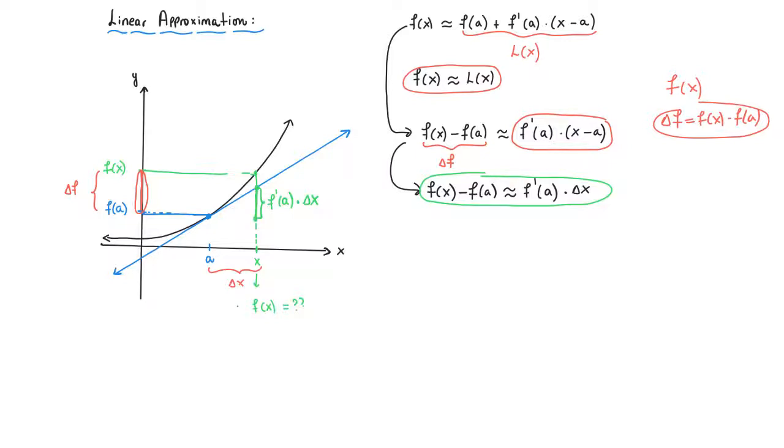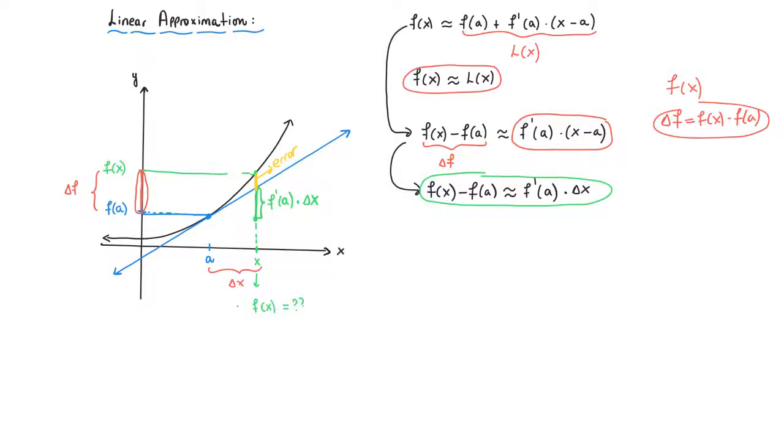So the error involved in the approximation is this distance right here that I'm shading in yellow. This is precisely the error involved. What you always want is to minimize this yellow gap. The smaller the yellow gap is, the better the approximation is going to be.